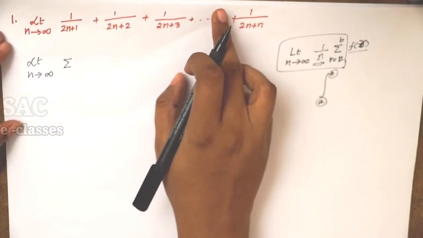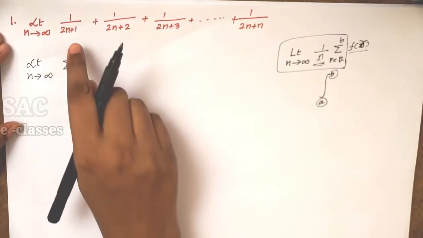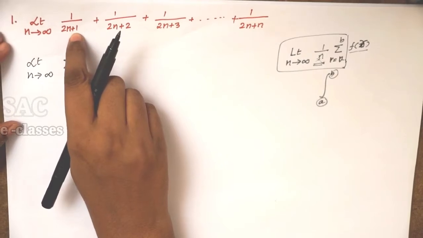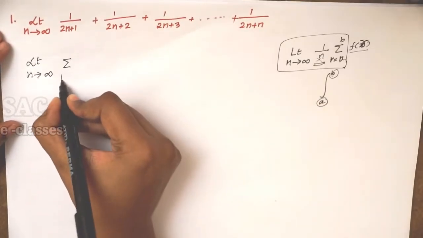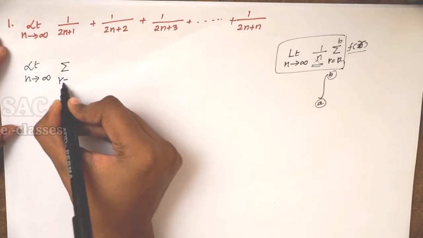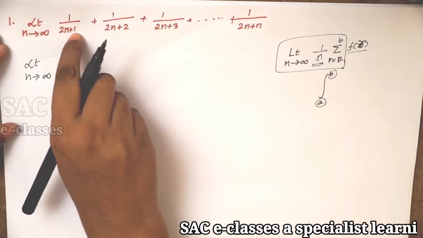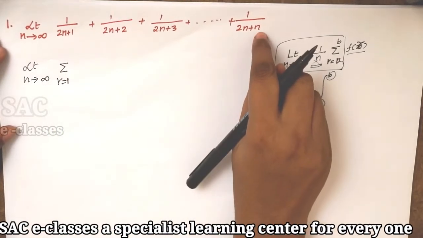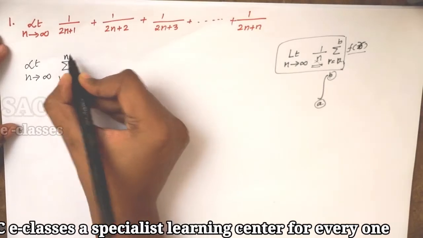Definitely the 10th term will be 1 by 2n plus 10. So what is changing every time? This term 1, 2, 3, that we have to take as r. It starts from 1 and ends with n. So sigma r equal to 1 to n.